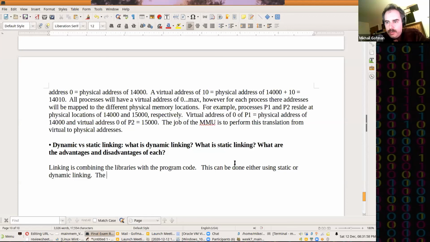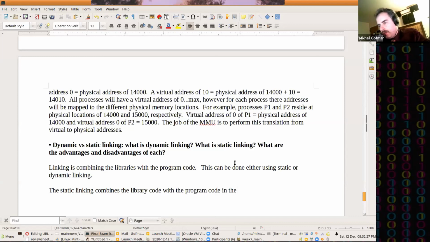Okay, so the static linking combines the library code with the program code in the resulting executable.